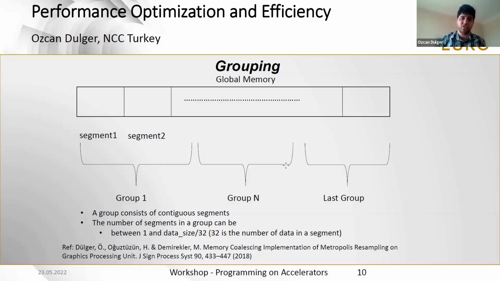So the smallest group consists of one segment, and the largest group consists of full segments in the global memory.